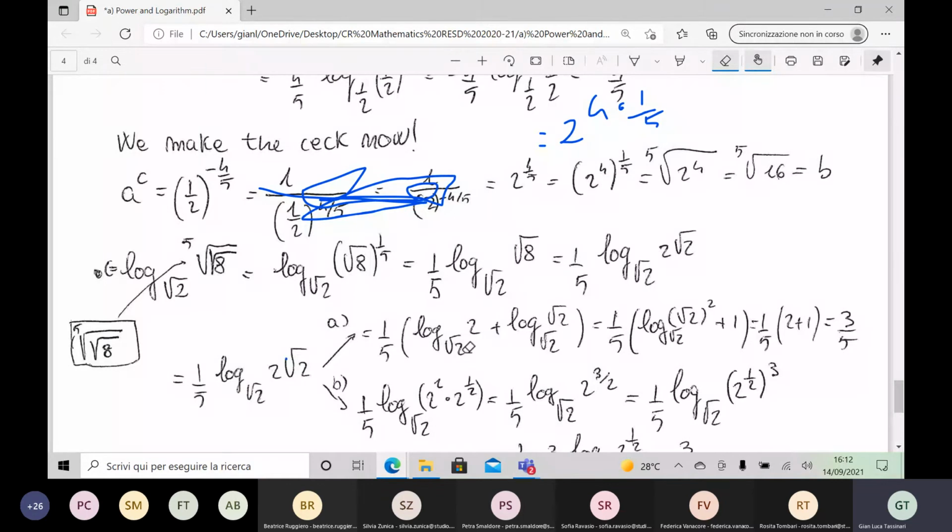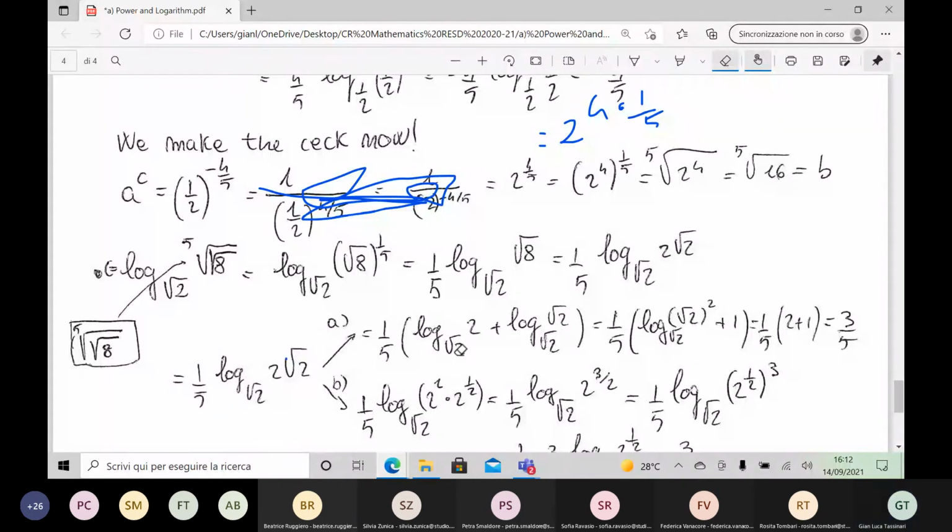So you see that I added plus 1. Furthermore, I did already a step here. Are you able to write 2 as a power of the basis? Well, 2 can be seen as square root of 2 raised to the power 2, because square root of 2 times square root of 2 gives you 2. So I wrote it in this way.